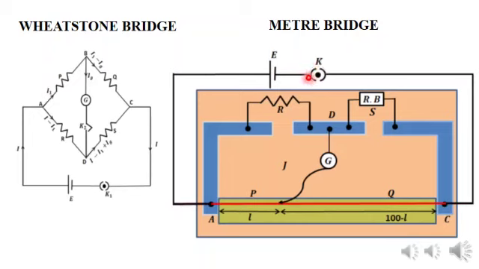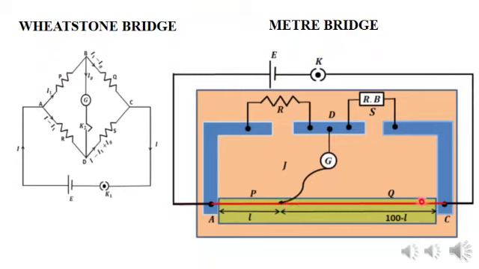From the middle of the straight copper strip, we can take one wire to the galvanometer, and again from the galvanometer we can connect to the jockey, which can move over the resistance wire.